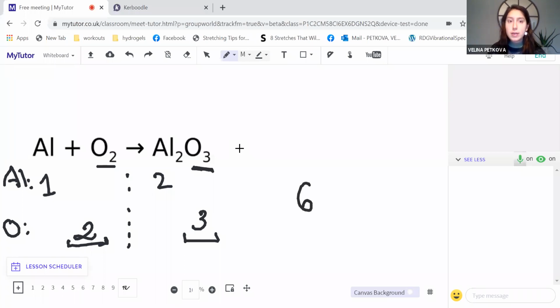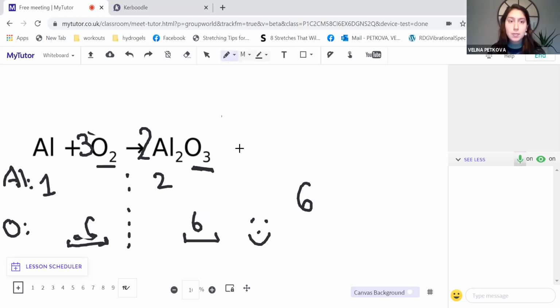So how can we get to 6 oxygens on the left and on the right? To get to 6 oxygens, we're going to put a 3 in front of the O2 and we're going to put a 2 on the right. Brilliant, great input, everyone. Okay, so now we know that our oxygens are happy because we have used the common multiple. So we can write 6, 6, happy.